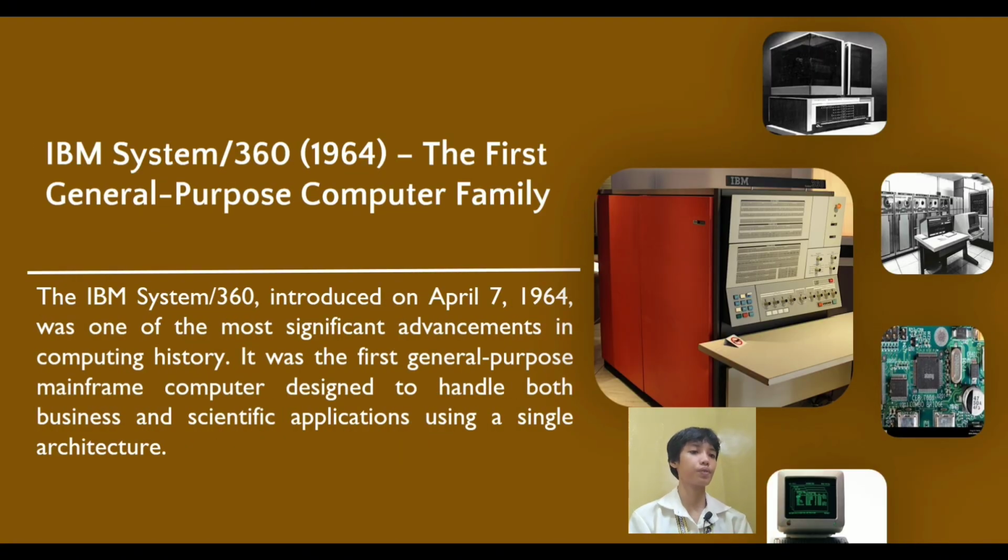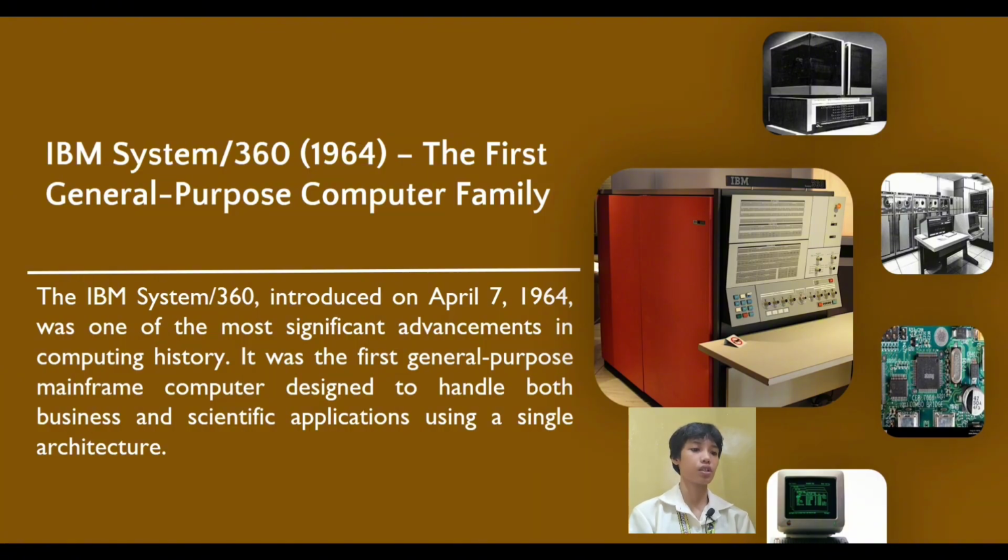So we have here the first is the IBM System 360. It was developed in 1964 and was called the first general purpose computer family. So the IBM system was introduced on April 7, 1964, and was one of the most significant advancements in computing history.